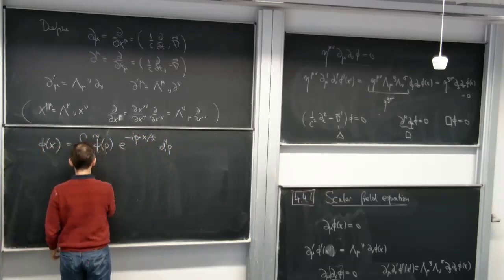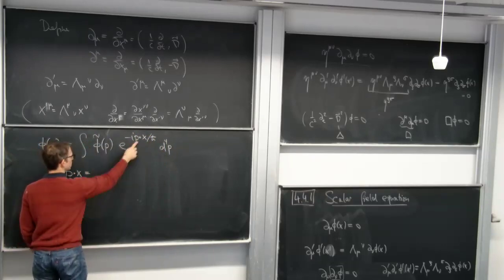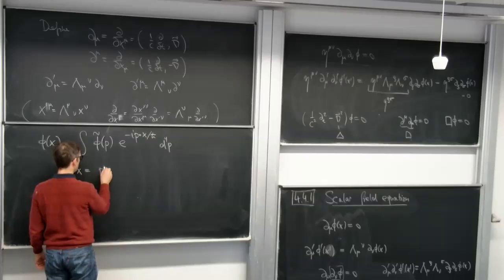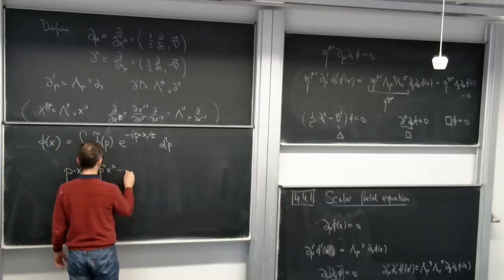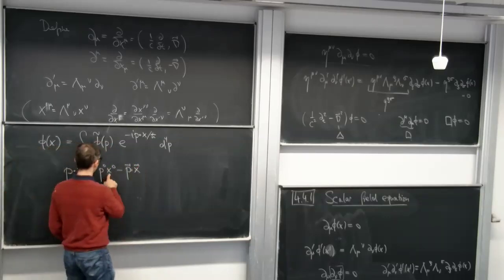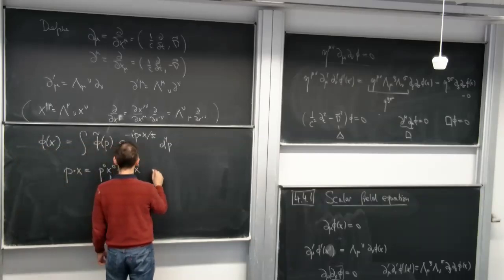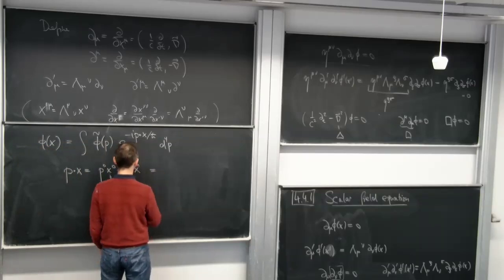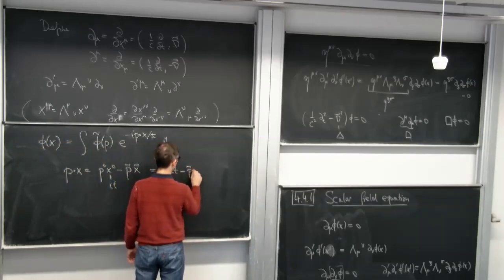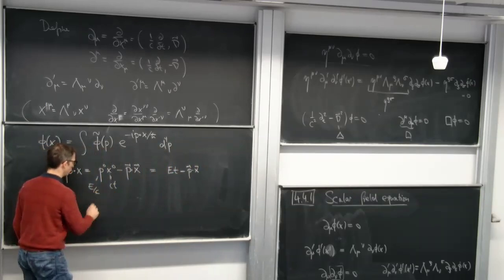And the p times x, this is the scalar product of the four vectors. So this is p0 x0 minus p vector times x vector. And so this thing is ct. So for this to be Et minus p times x, that object is p0 over c.